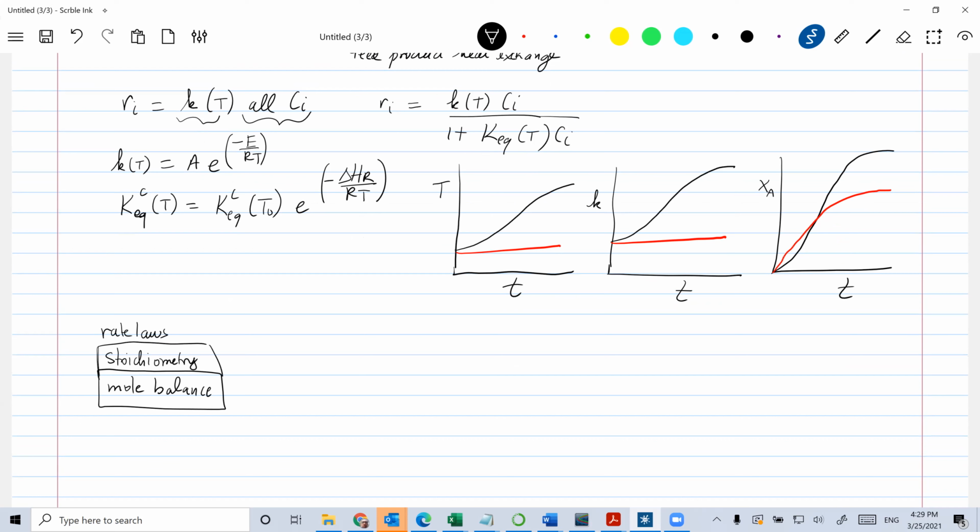These all go perfectly fine. And then we introduce a little bit of pressure drop that can be important for packed bed reactors. Then we have heat effects. And then we combine.